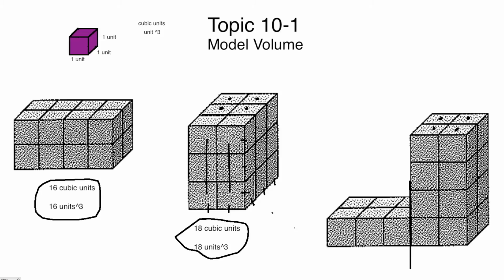So 4 times 4 is 16. So I'll put 16. And then we have 1, 2, 3, 4, 5, 6. So we add 6 more, for a total of 22.